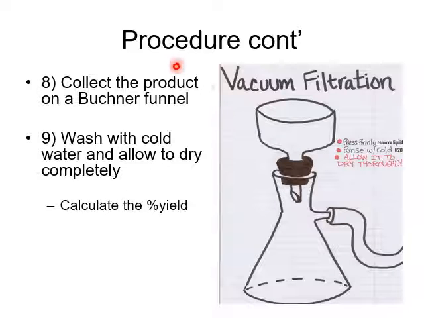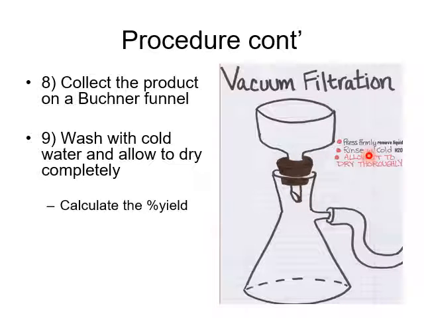And then you collect your product on a Buchner funnel with vacuum filtration. You insert this Buchner funnel with an adapter here, and it has to be an Erlenmeyer with a vacuum connection. And you should usually put a filter that fits this Buchner funnel. You create the vacuum, and you just put your solution down here, and you wash with cold water and allow it to dry.